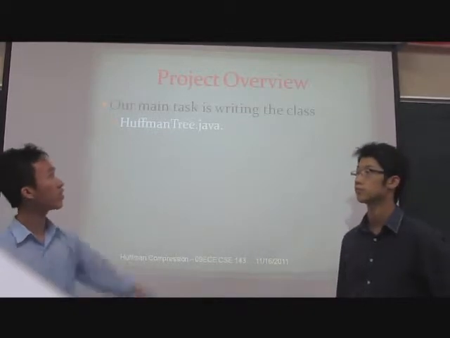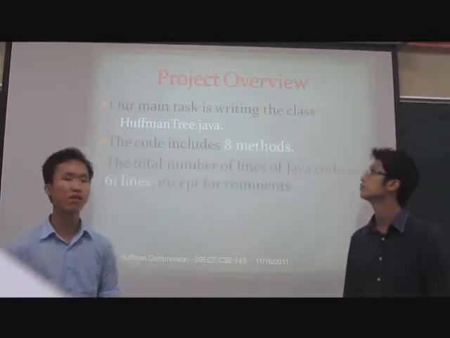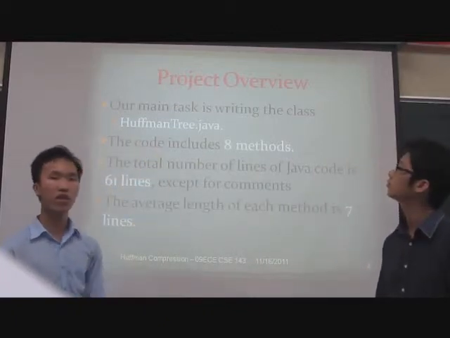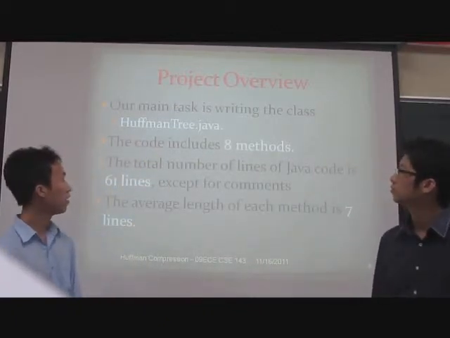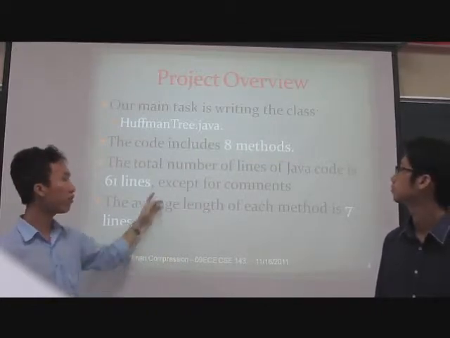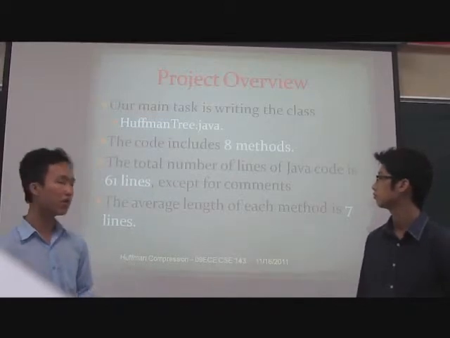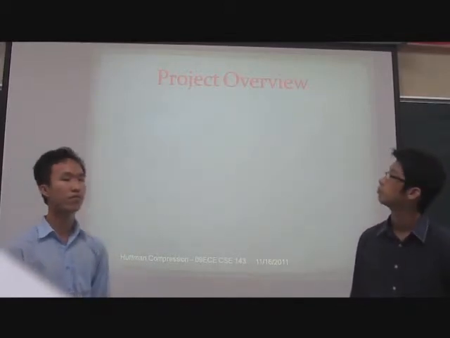In our project overview, our main task is to write the class HuffmanTree, and the code includes 8 methods. The total number of lines is 61, not counting comment lines, and the average length of each method is 7 lines.